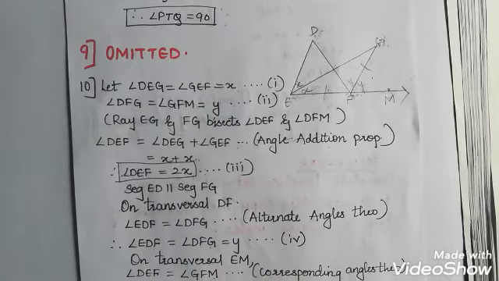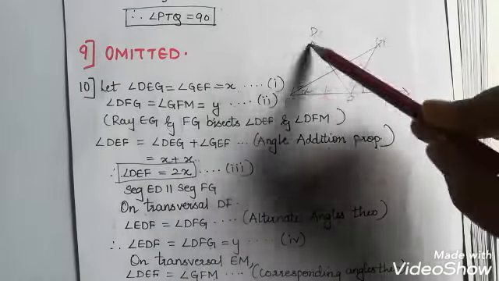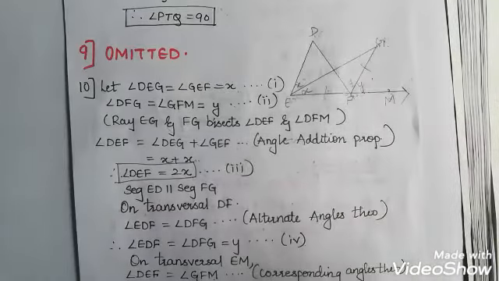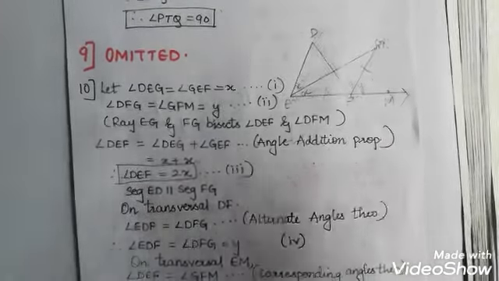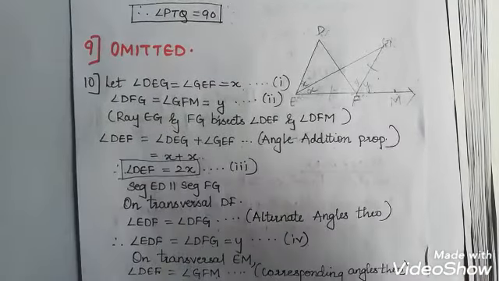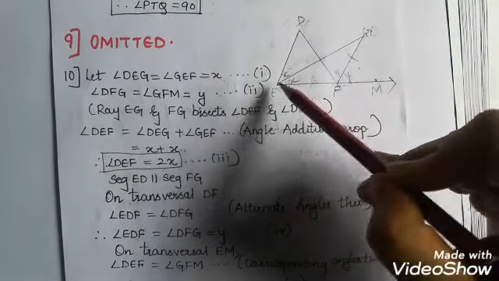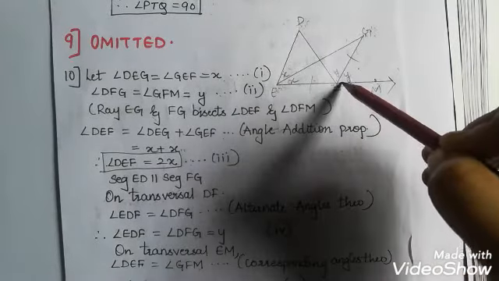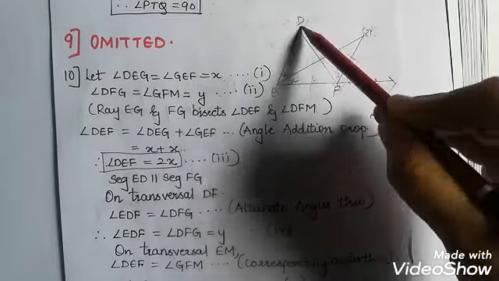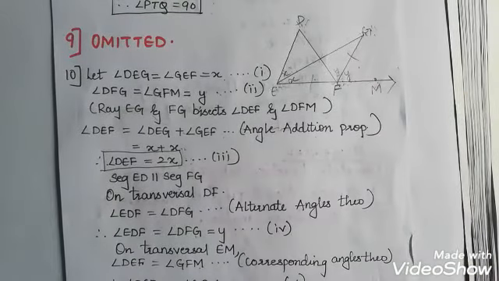Now they have already said that DE and FG are parallel. So if DE and FG are parallel, I can take DF as a transversal. If I take DF as a transversal, I get angle EDF and angle DFG as alternate angles because they form a Z formation.